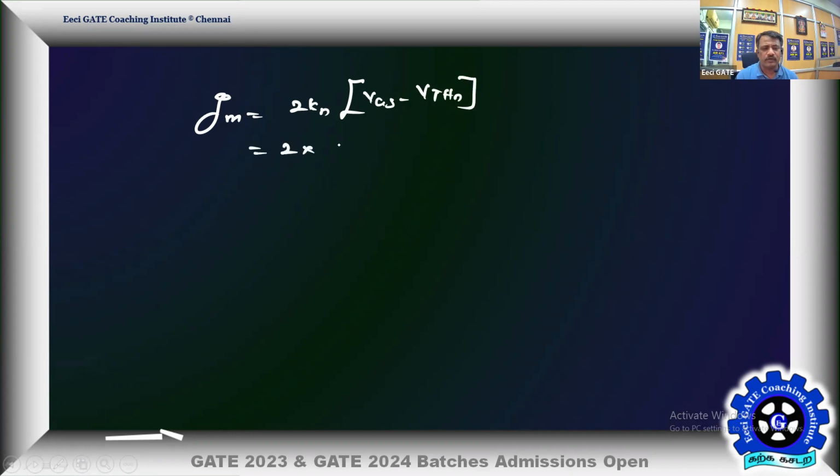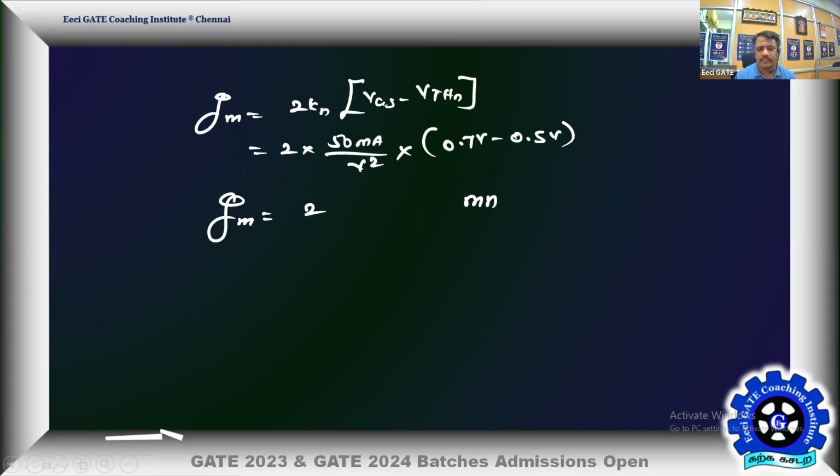So 2 times, what is Kn given? 50 milliamps per volt square, into what is VGS? VGS is 0.7 volt minus threshold, that is 0.5 volt. Therefore, the gm is equal to 2 times. Okay, this is volts, so it is going to be milliamps per volt, millisiemens or milliamps per volt.